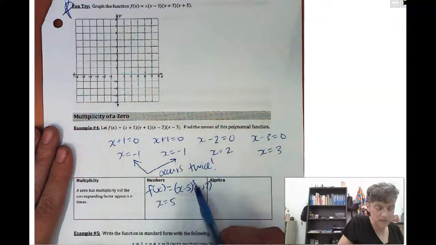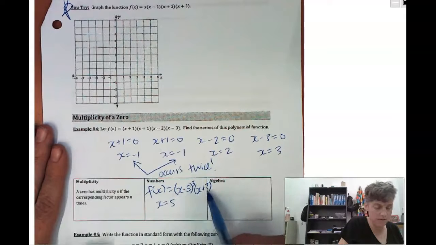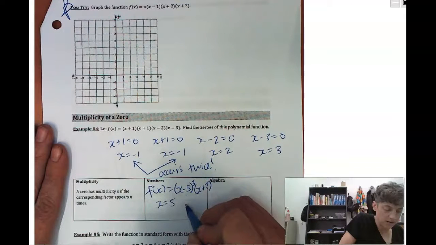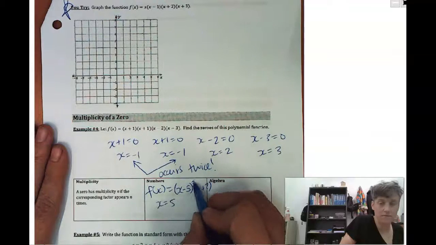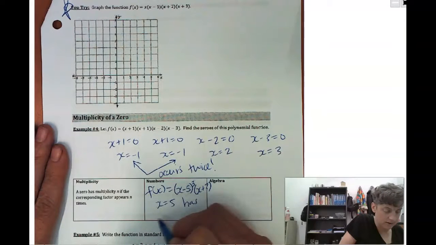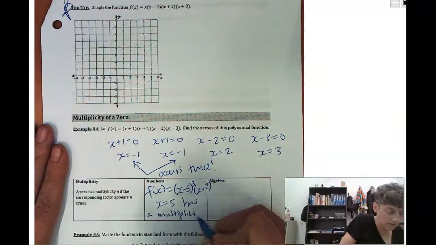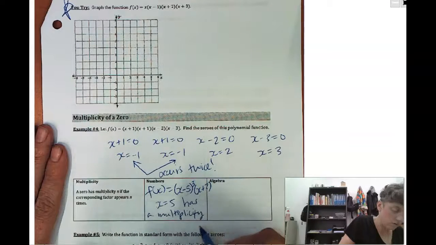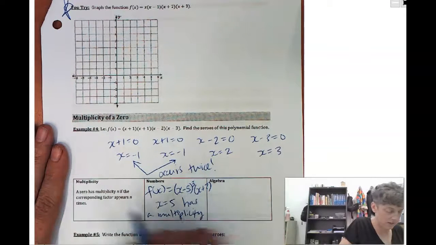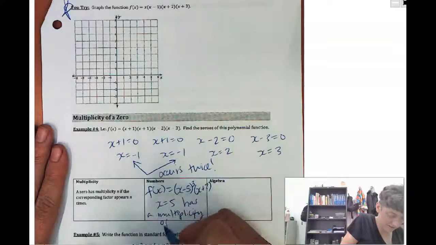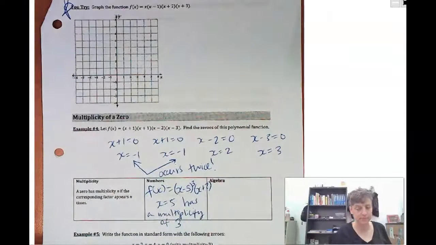That has a multiplicity of 3 because it occurs 3 times, as it would if we wrote it all out. So x equals 5 has a multiplicity of 3. That is the word multiplicity, of 3.